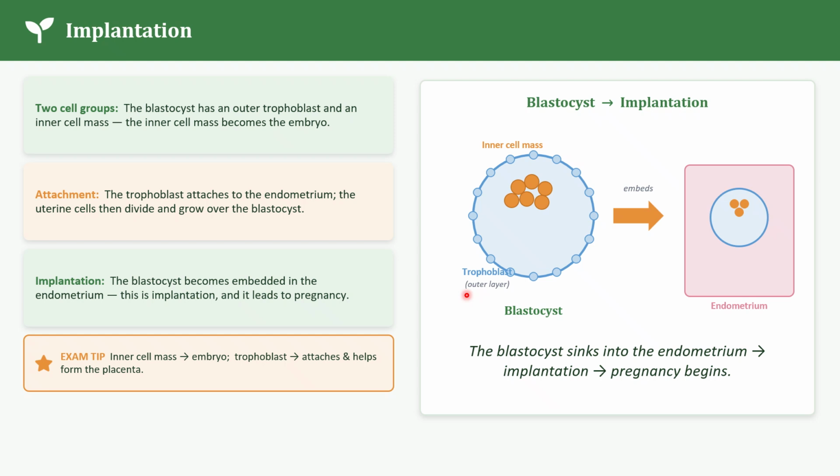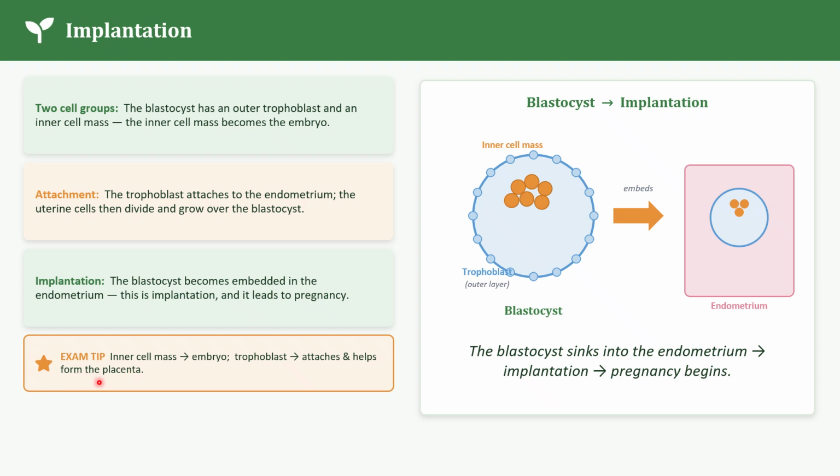Generally implantation occurs 6 to 7 days after fertilization. Once implantation is complete, pregnancy begins. The inner cell mass develops into the embryo while the trophoblast helps in the formation of the placenta, which provides nourishment and oxygen to the developing fetus.